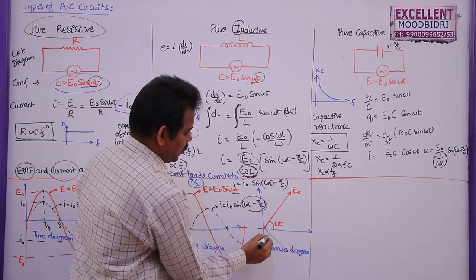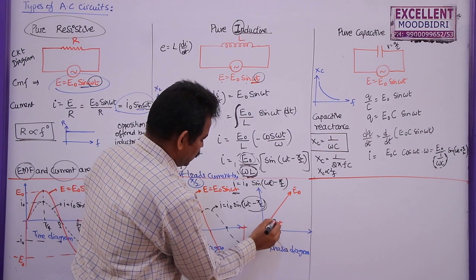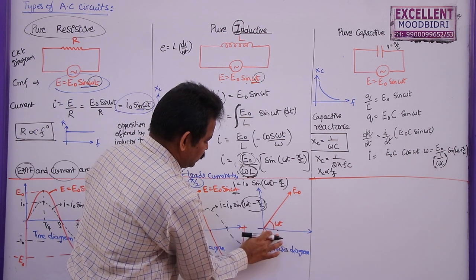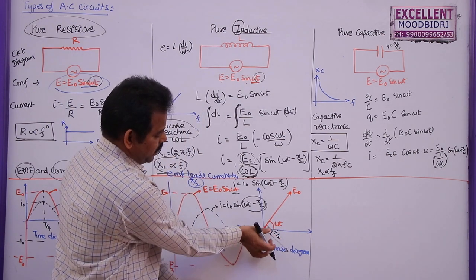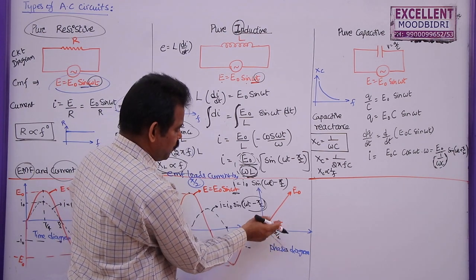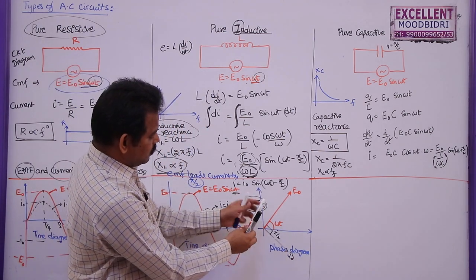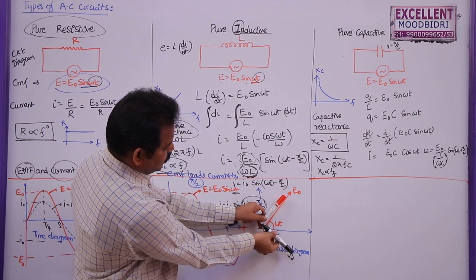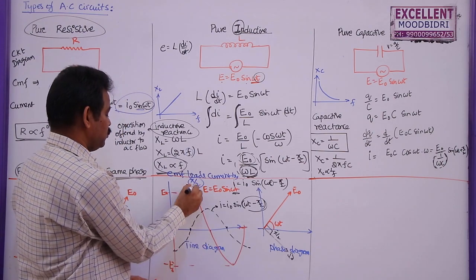So this will be the current, I naught, with total angle omega t minus pi by 2. These two are separated by 90 degrees here. So the phase angle between these two is pi by 2.